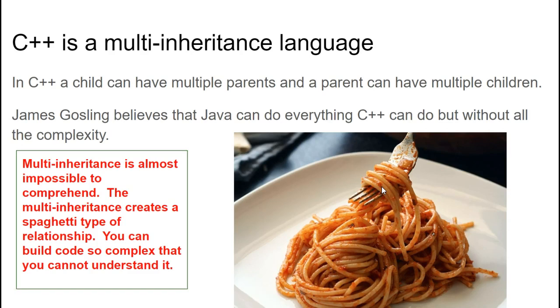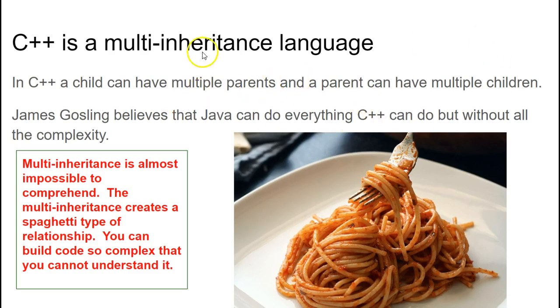The opposite of Java, which is a single inheritance language, is something like C++, which is a multi-inheritance language. In C++, a child can have multiple parents and a parent can have multiple children. James Gosling believes that Java can do everything C++ can do, but without all that complexity.